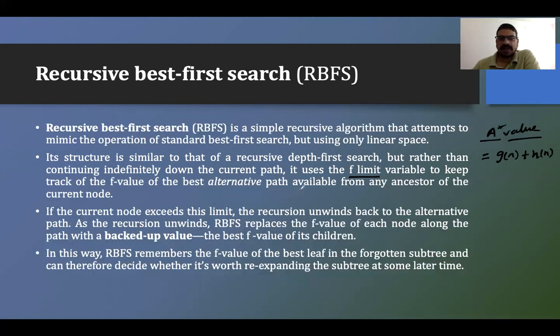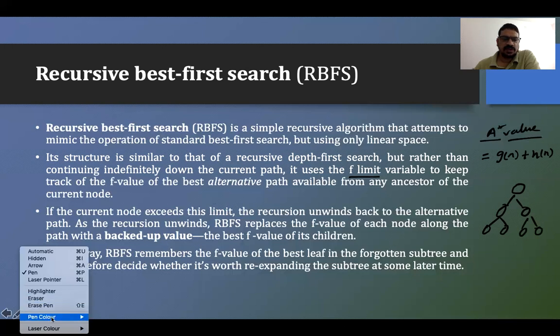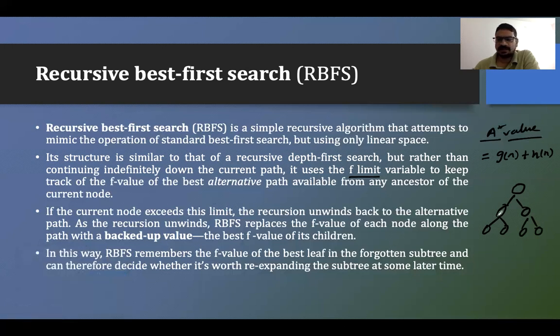So here, how does the depth first search work? Let's say this is the state space diagram. Generally what we do in the depth first search is we go in one direction. So let's say I am moving here. Let's say this is the node that has been explored. Now after that, I'll explore this particular node.